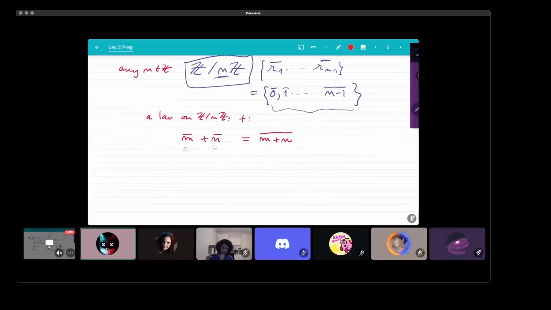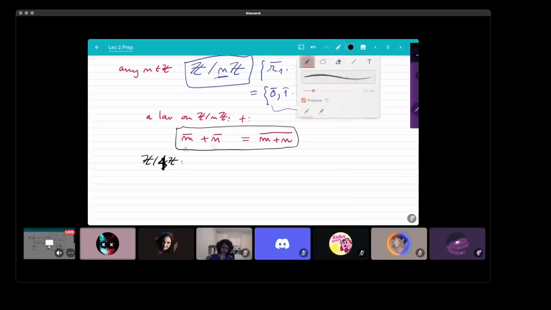It's not obvious that this is well defined, because for example, say in Z over 4Z, we have 0 to 3. If we were to take 3 plus 5, that would give us 8.